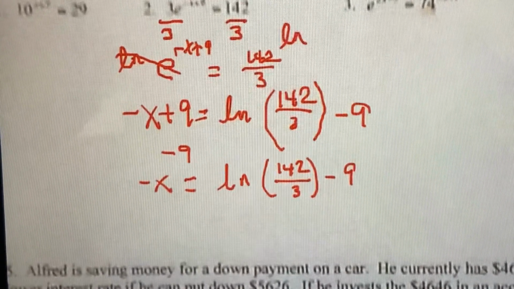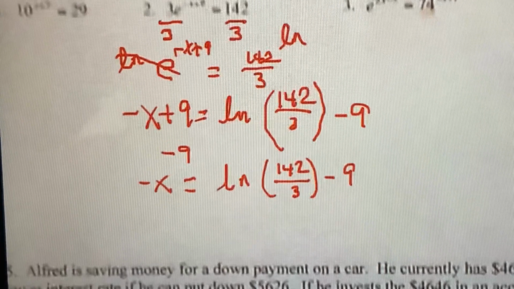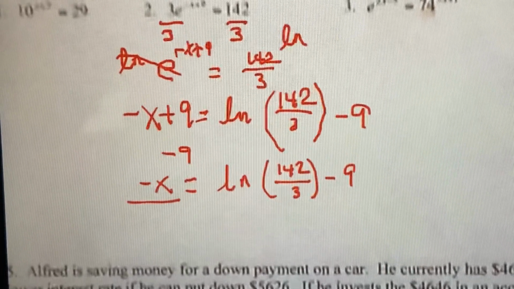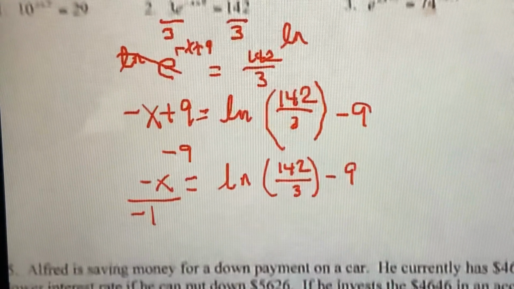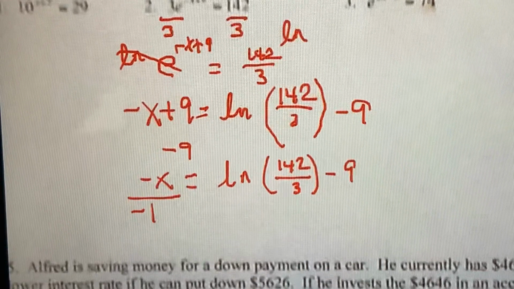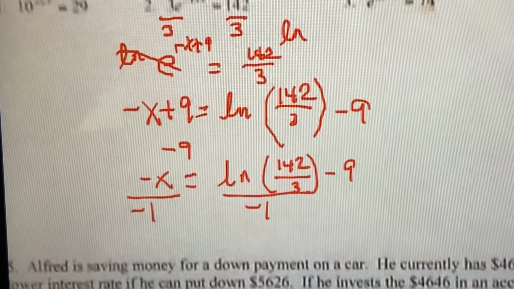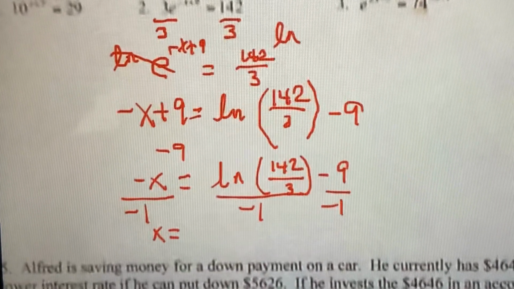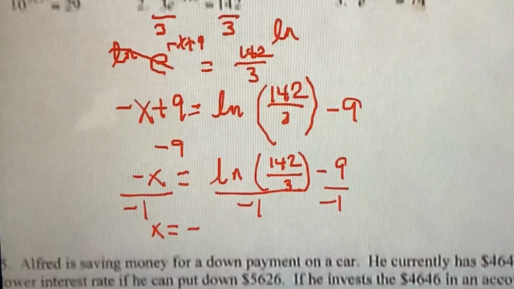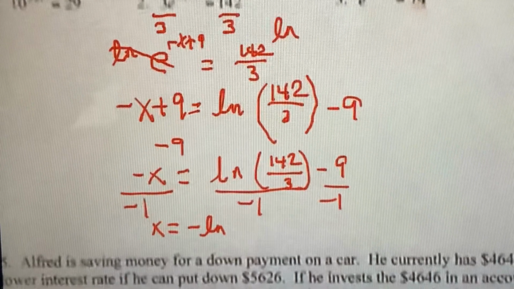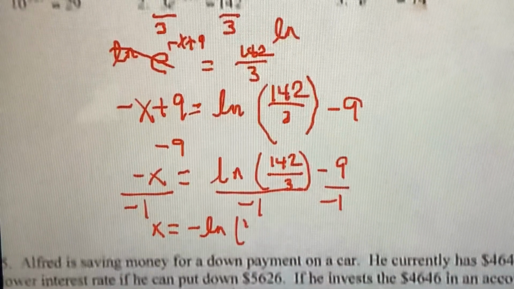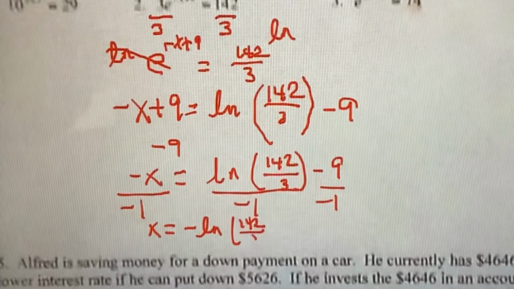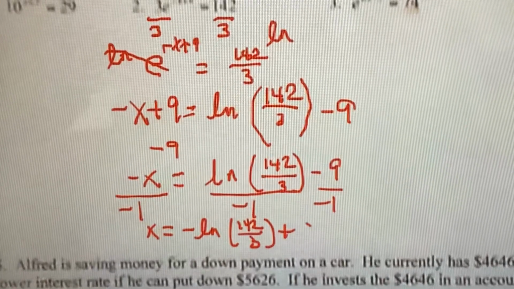So what I'm going to have to do is divide all the way through by a negative. So if I divide by a negative 1 here, dividing by a negative 1 here, dividing by a negative 1 there, gives me negative natural log 142 over 3 plus 9.